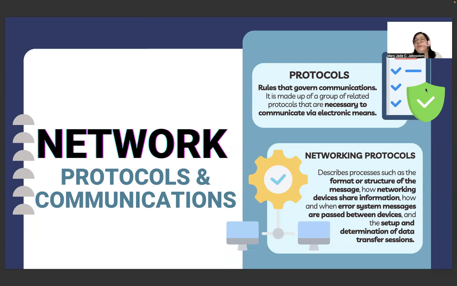So basically, when we say protocols, they are rules, okay? A protocol is a rule that governs communications. It is made up of a group of related protocols that are necessary to communicate via electronic means. These are the rules that we observe when we are communicating electronically.